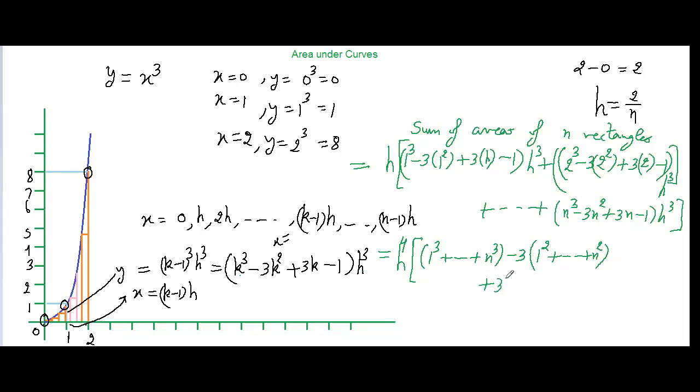Then plus 3 times the sum of first n natural numbers up to n, and minus the sum of n ones. So this is h power 4 into the first formula. I have the sum of the cubes. I have told you it is n into n plus 1 divided by 2, whole square.